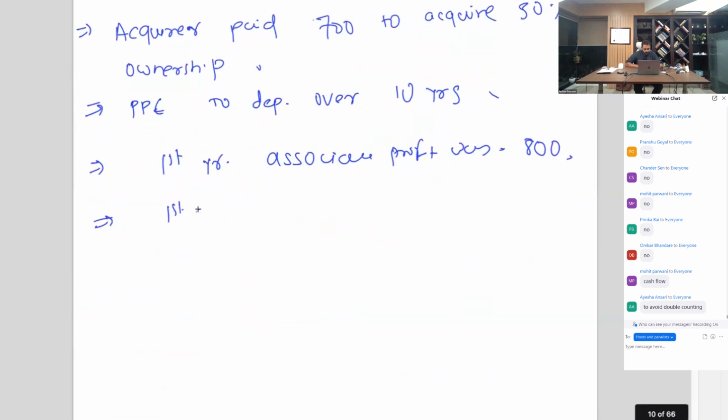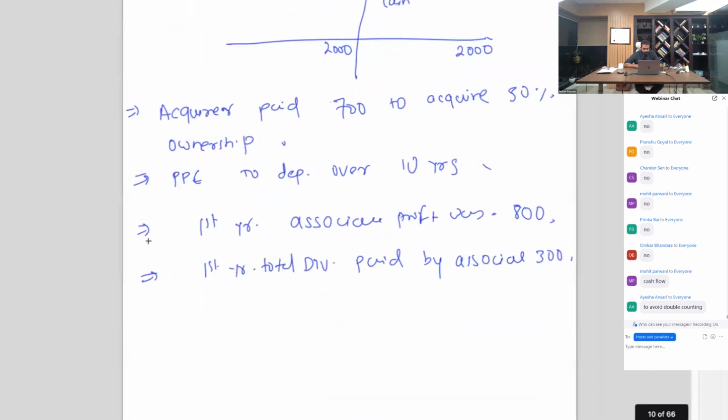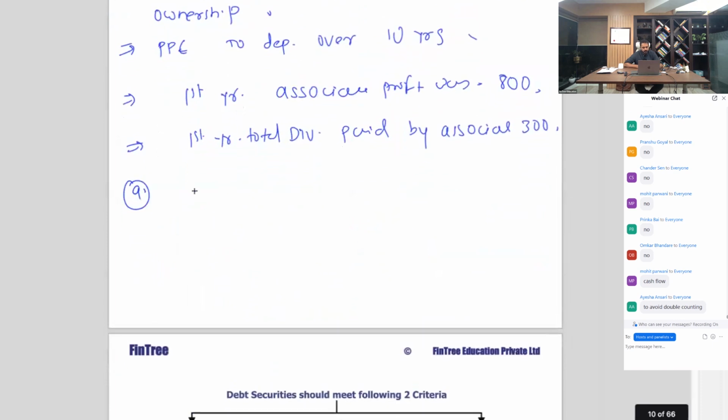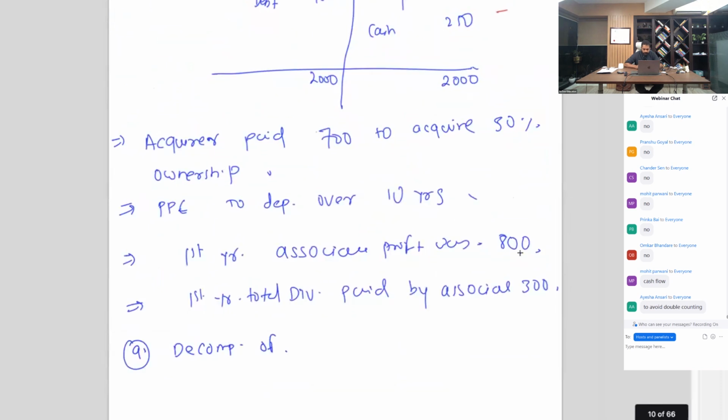First year, dividend paid by associate. Okay, this is total dividend paid by associate. Keep it at 300. Now, based on this information, here's what you're going to do. A, first you're going to figure out the composition of the 700 that we paid.